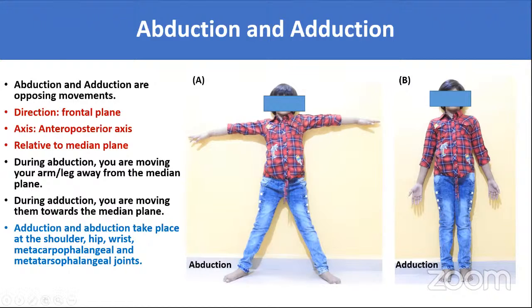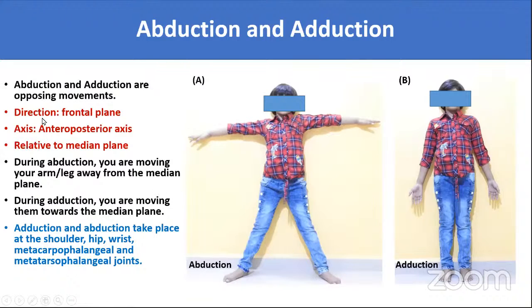So let us see again here, abduction and adduction, they both are opposing movements, where abduction takes the extremities away from the body. The adduction brings the extremities close to the body.